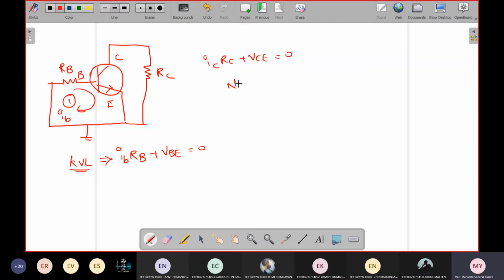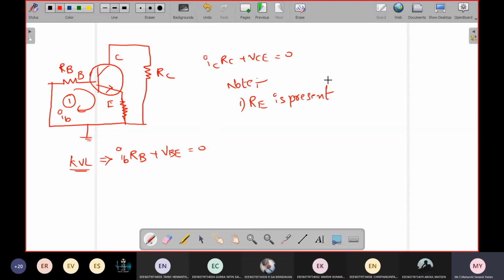So you need to remember 2 points. Suppose RE is present. Tell me, is RE present in the input circuit or in the output circuit? Suppose RE is there. So it is present in between the input as well as the output.